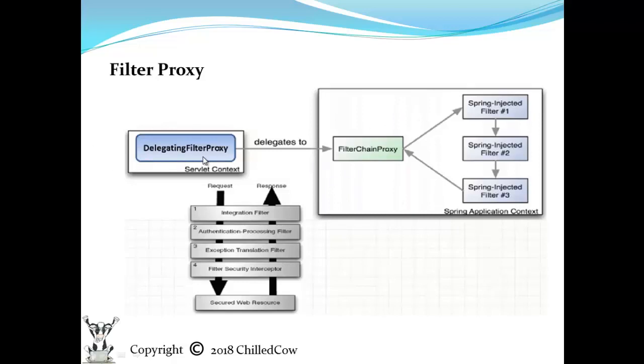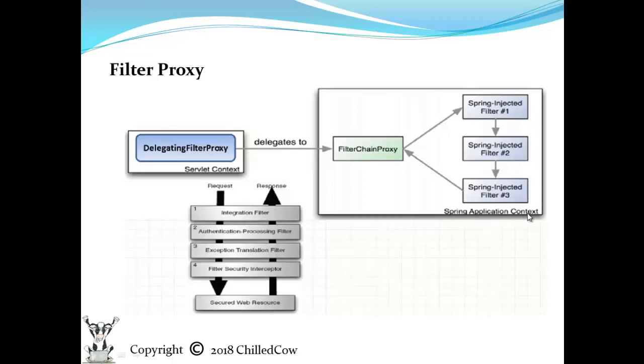The servlet container creates the servlet context, and within that we can provide different filters. But the Spring framework creates different kinds of filters as POJOs. It is not creating them as servlets. These filters, which are POJO classes, reside in the Spring application context.